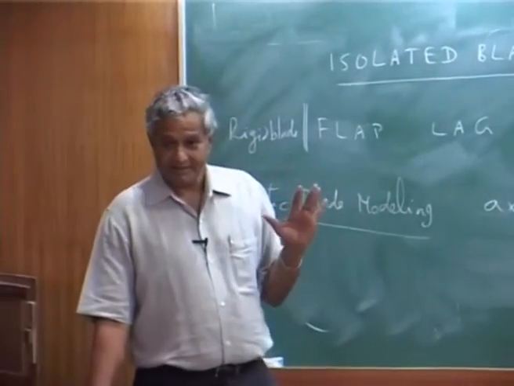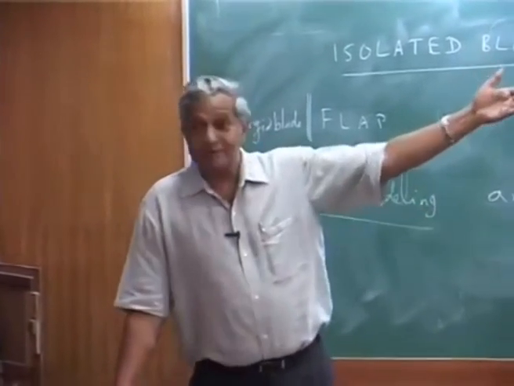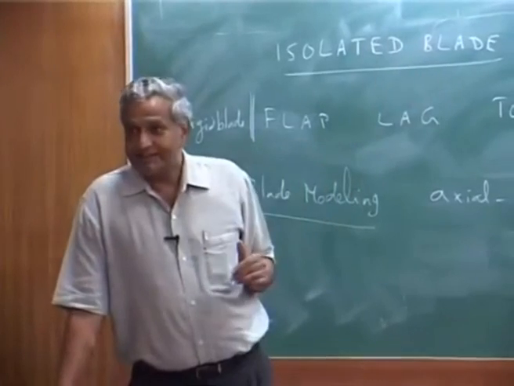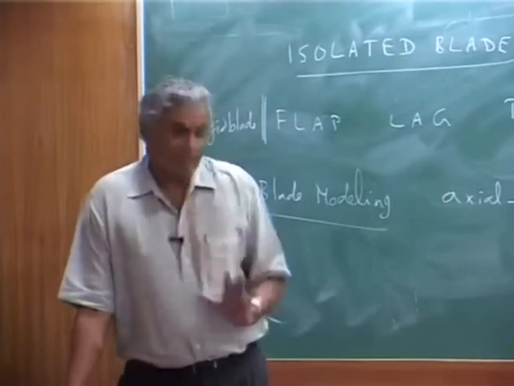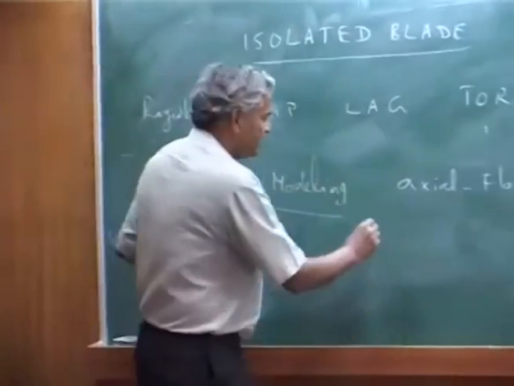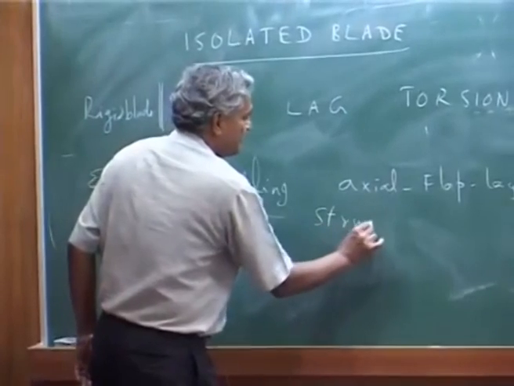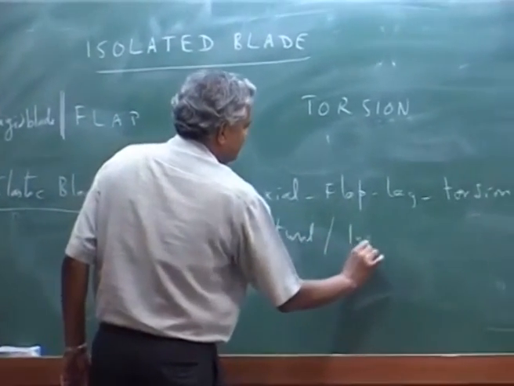Complete, all are there. One is the structural model, then you have to have the inertia model. Then comes aerodynamics; I leave it as it is. Purely blade modeling is only structural and inertia.